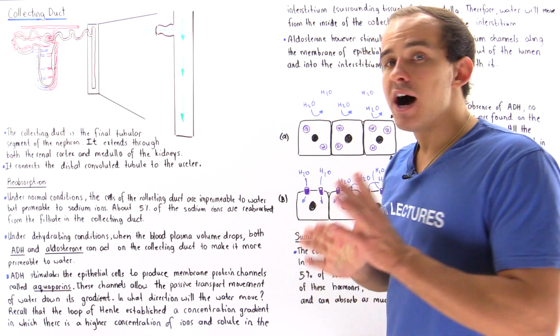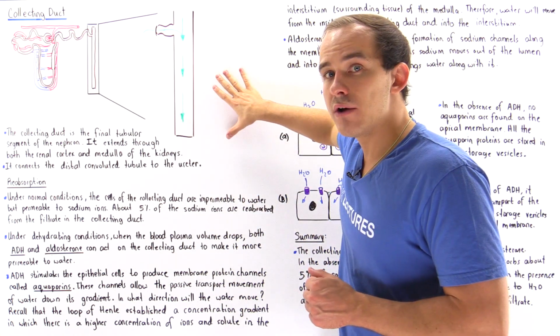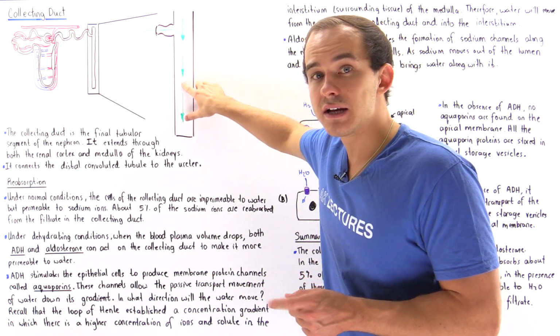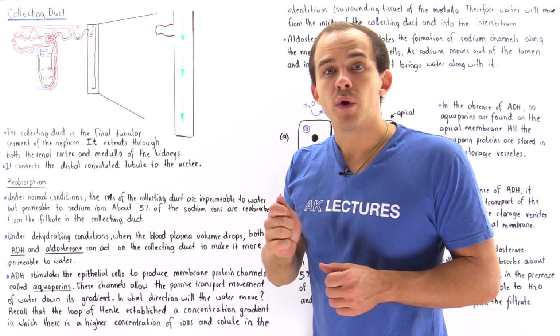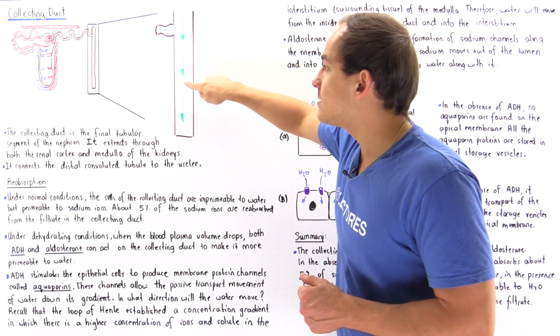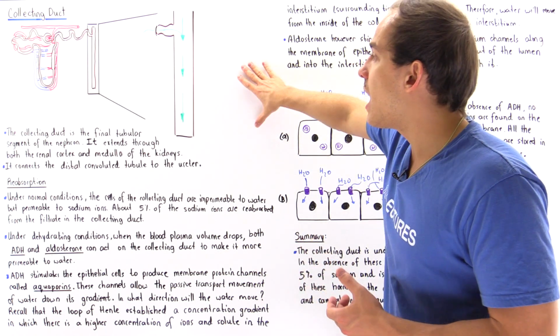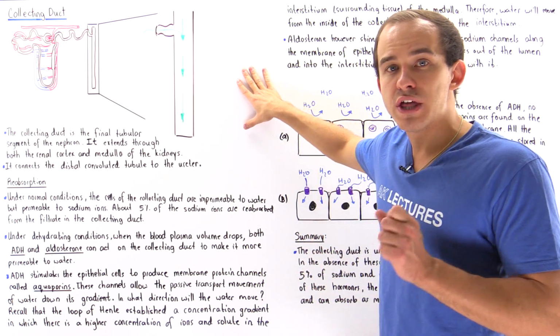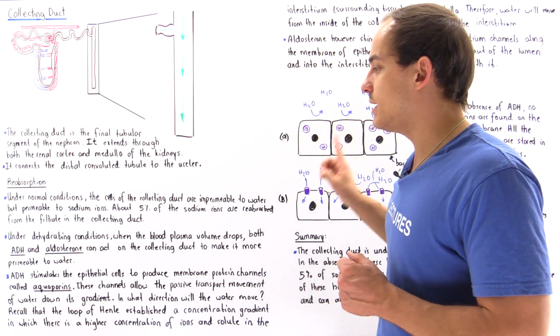Now, if we have a higher concentration of ions outside in the surrounding tissue than inside the lumen of our collecting duct, then water will tend to flow from a lower concentration of solute to a higher concentration of solute, and that's because the osmotic pressure on the outside will be higher.